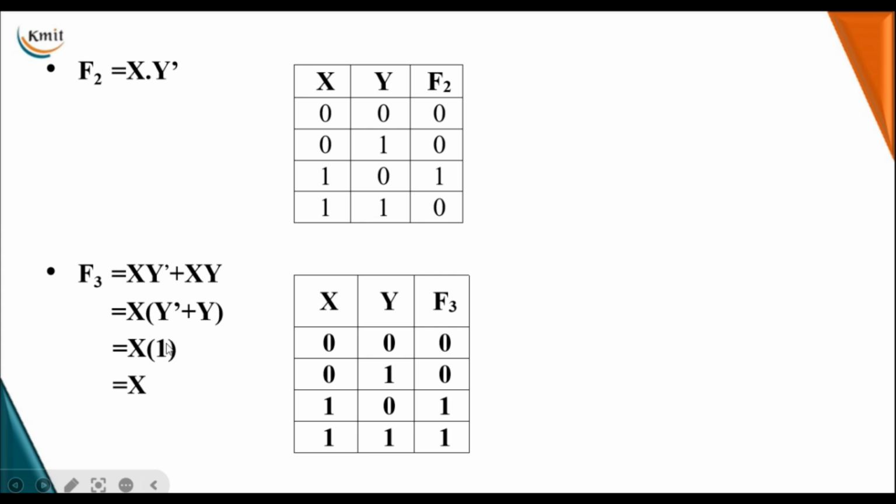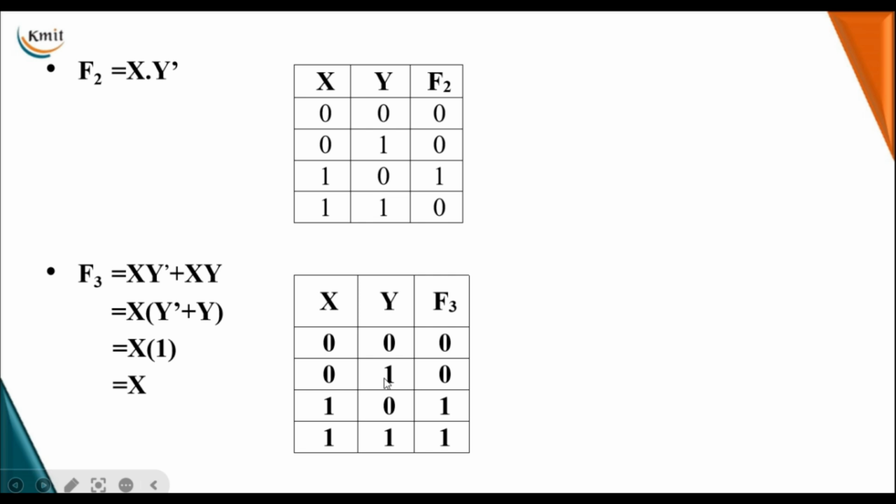Now if I minimize that, it gives the first variable as the output function F3. I can easily recognize this using the truth table. For all four possible combinations, the F3 value is the same as the x value. For x value 0 0, F3 is also 0.